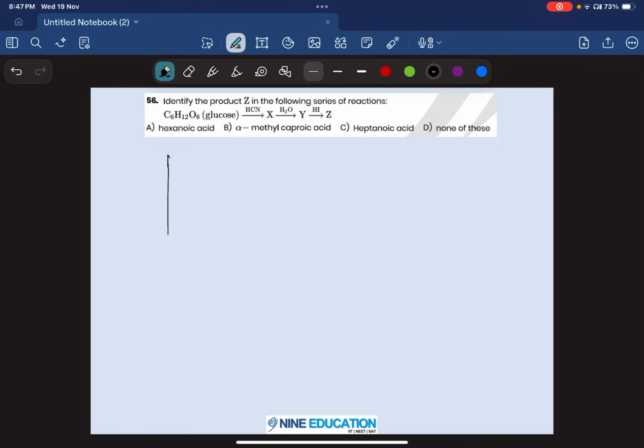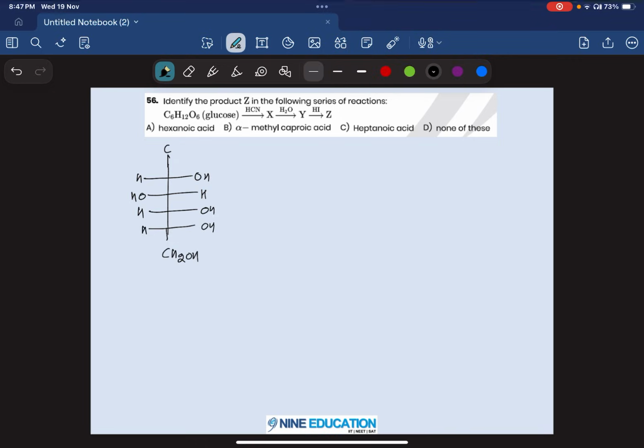So you have the Fischer projection of glucose like this. You have OH, H, and here the configuration is like this: hydrogen, OH, and CH2OH. And here you have an aldehyde group basically.